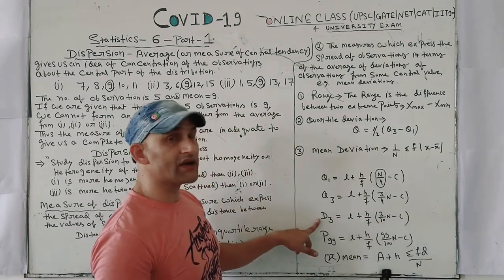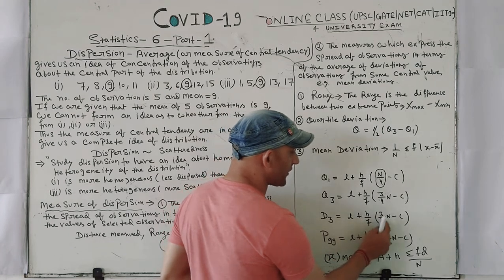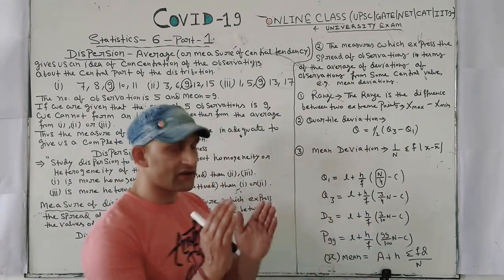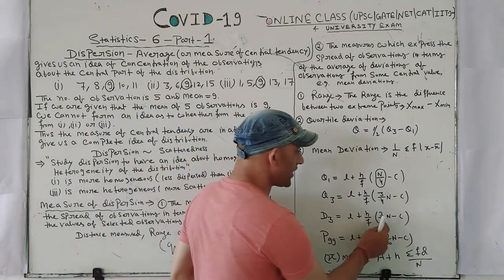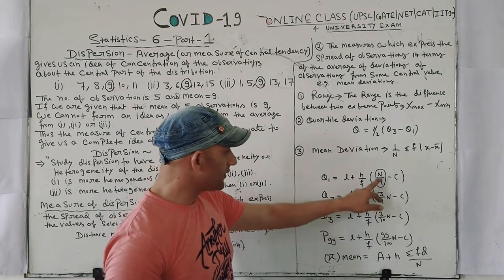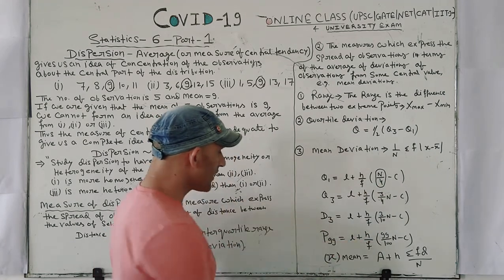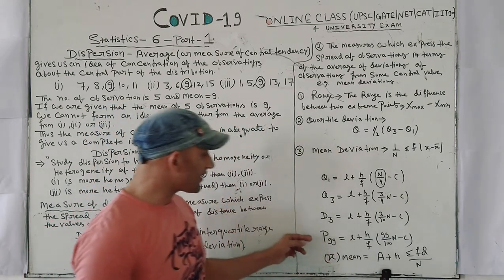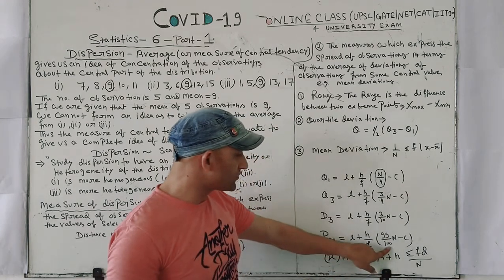Now if you are finding the decile, say D3 is equal to L plus h upon f into (3 upon 10 n minus c). Here you have divided the data into 10 parts and you are collecting the third part, so 3 upon 10 n. So you have changed this and this. And if you are finding the percentile, suppose the 99th percentile, the formula is the same, only you have to change here.